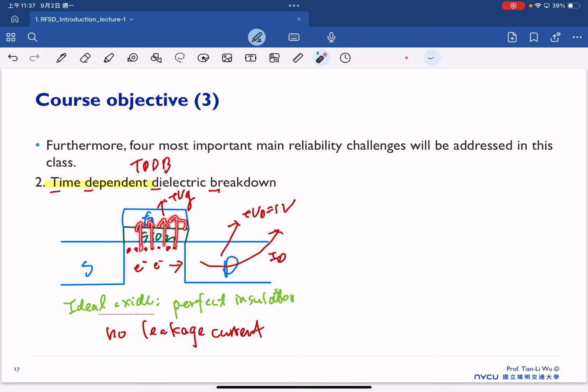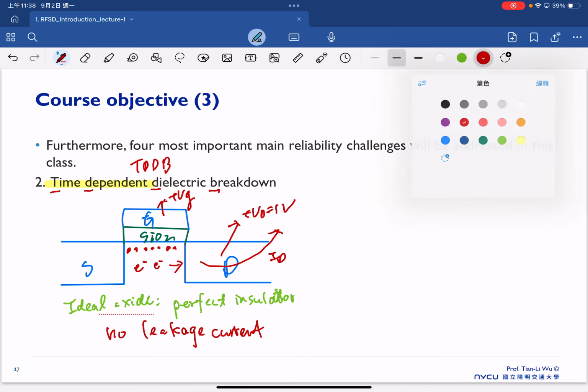Because you have the positive gate bias on top. So certainly some electrons will be attracted toward the top side here. But ideally, there's no leakage current, so IG should be very small or nothing, or we cannot measure any gate leakage current.